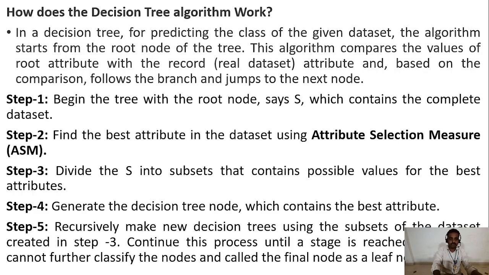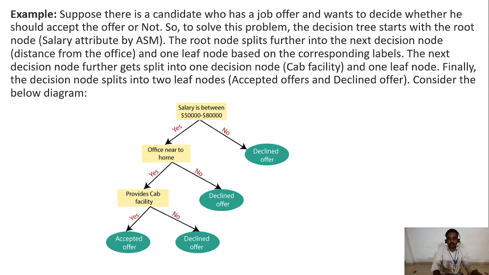a leaf node. For example, suppose there is a candidate who has a job offer and wants to decide whether he should accept the offer or not. To solve this problem, the decision tree starts with the root node, that is the salary attribute.